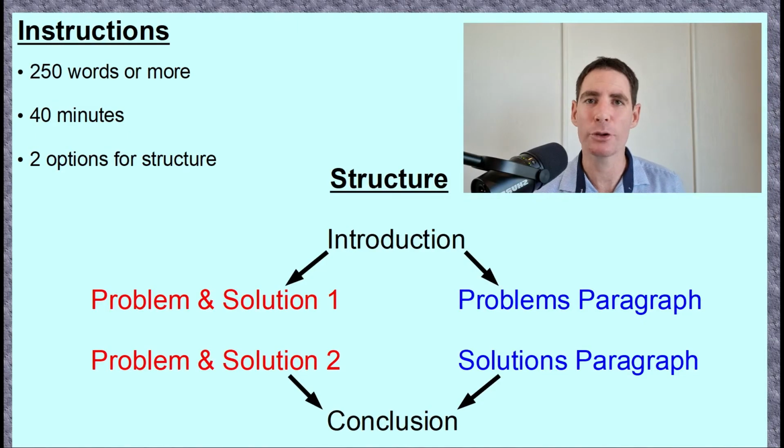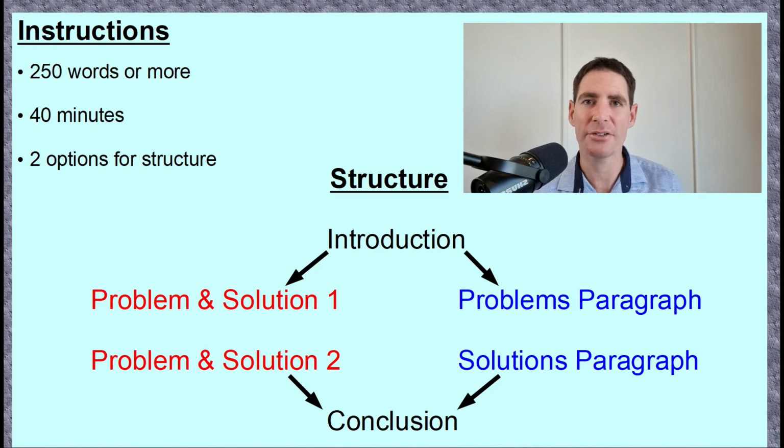For the problem and solution essay, there are 2 different structures which I can recommend. You can do whichever one you prefer, but I have read many textbooks and seen many experts. Some use the structure in the red, and others use the structure I have given in the blue.